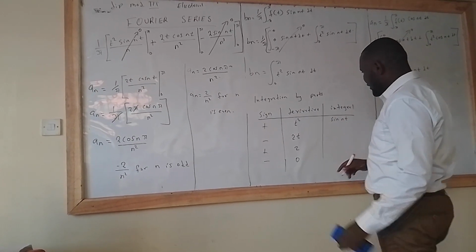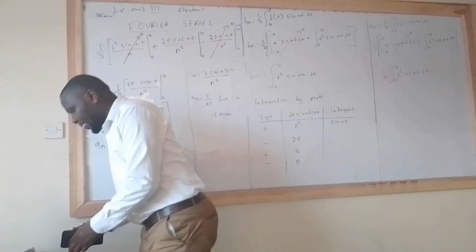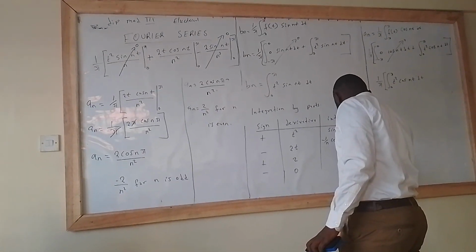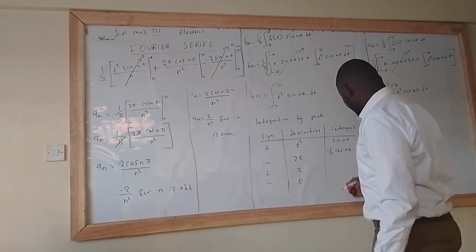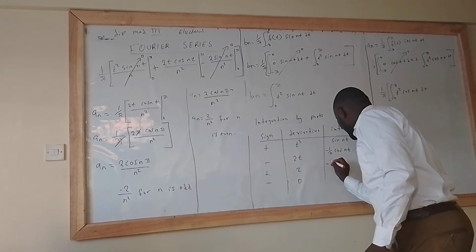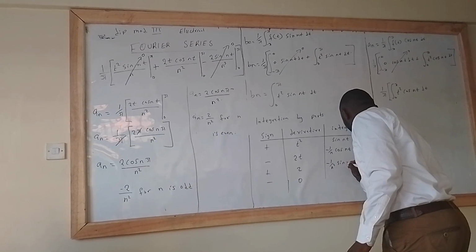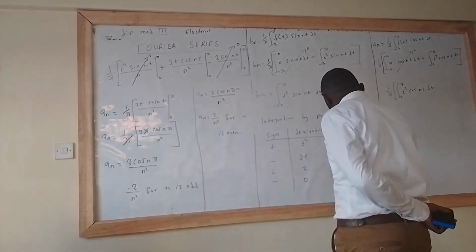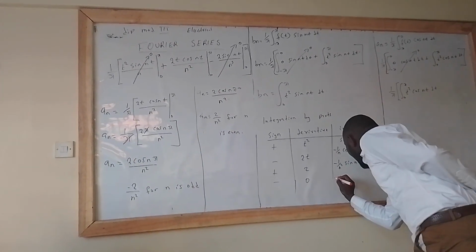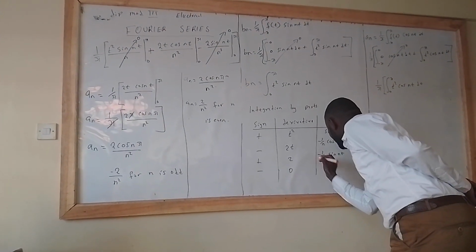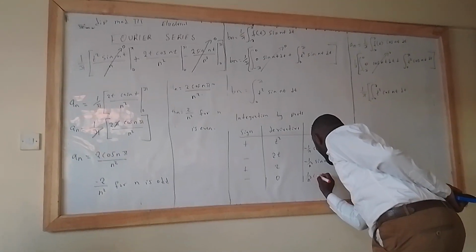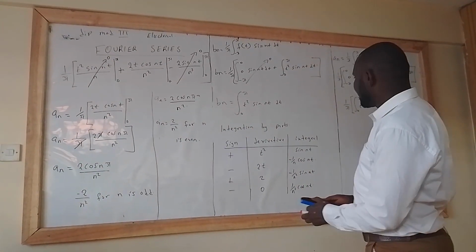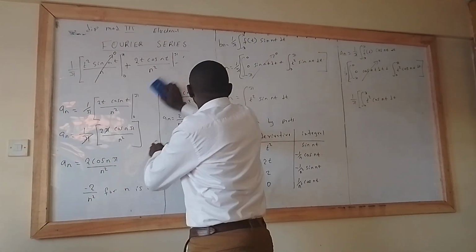If I integrate it, I will have negative 1 over n cos of nt. If I integrate it again, I will have 1 over n squared sine of nt. And the last one, the negative will remove this negative, and you will have 1 over n power 3 cos of nt.